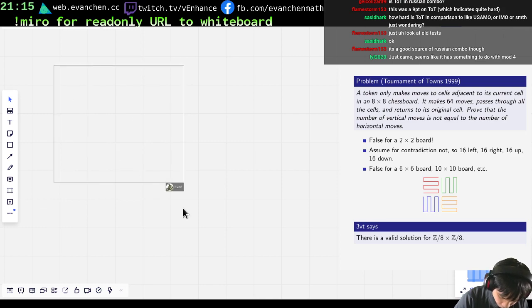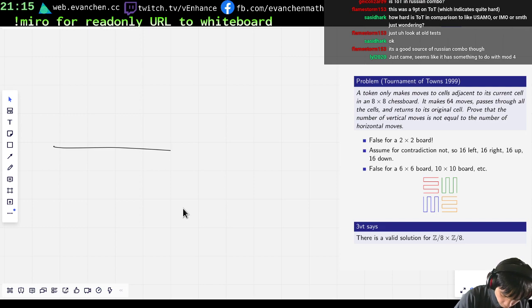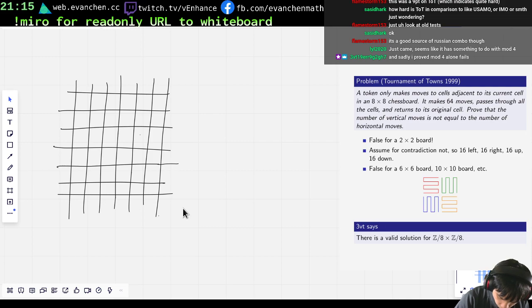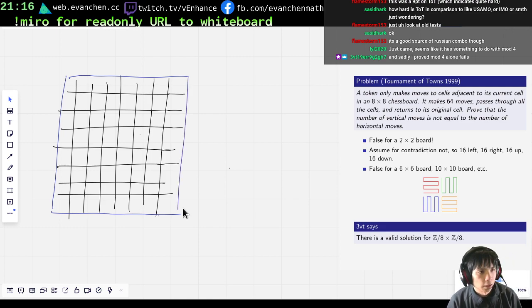Let's try that again. Okay, there's an 8 by 8 grid.